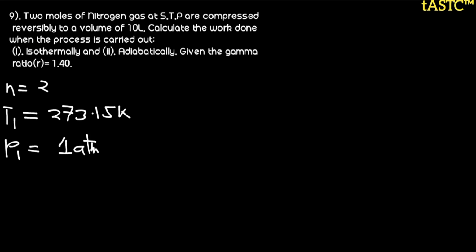And we also have that the gas was compressed reversibly to a volume of 10 liters. So V2 is equal to 10 liters, because it moved from one volume to another.